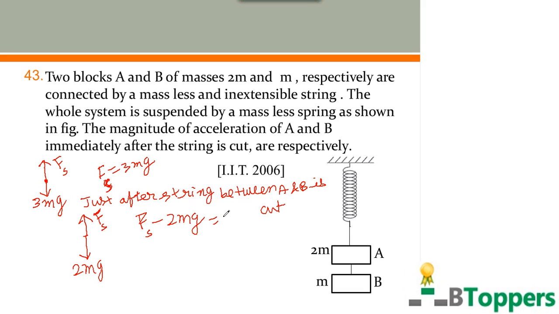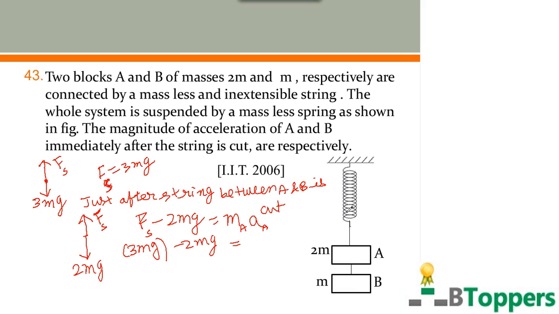That is equal to the mass of block A times the magnitude of the acceleration of block A. The spring will have the same elongation which it had just before the string was cut.